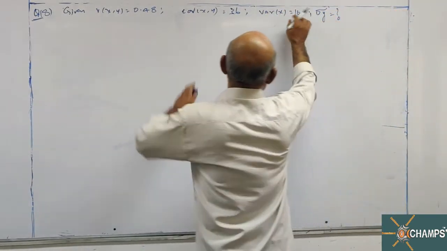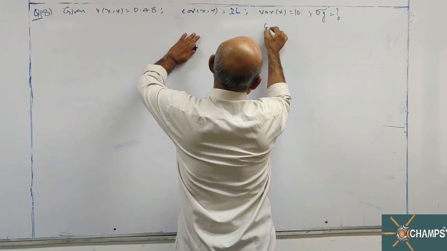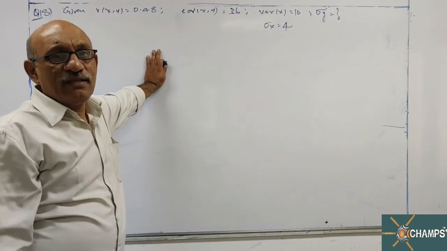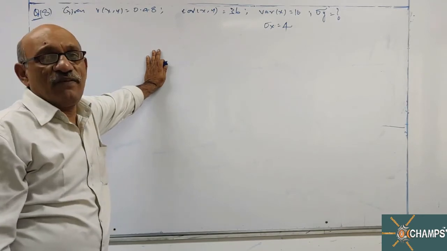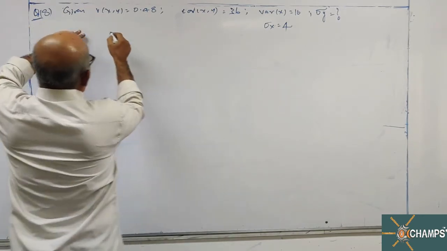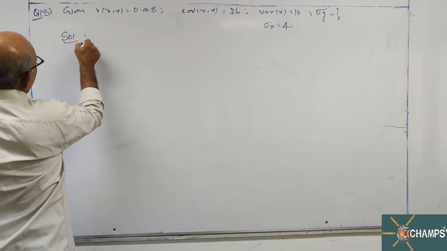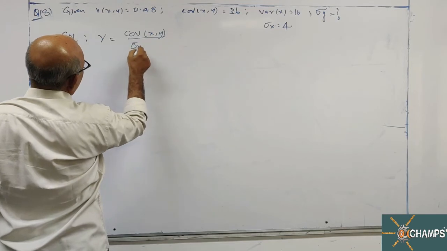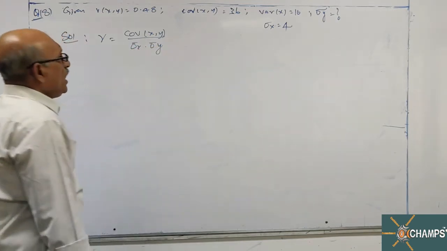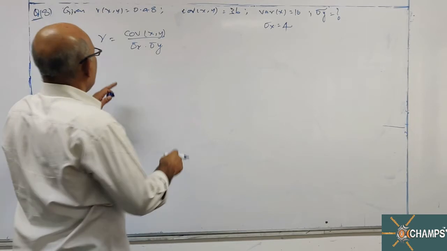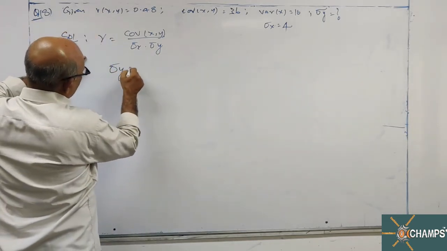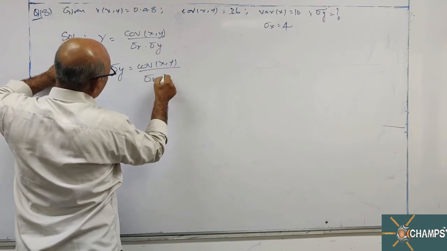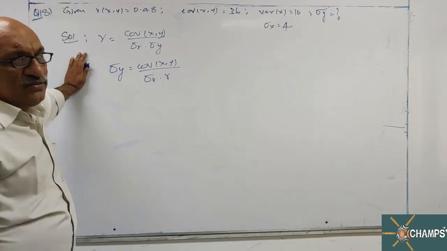Now, variance of x is given 16. So by taking the square root, standard deviation of x is 4. R is equal to covariance of x comma y divided by standard deviation of x into standard deviation of y. So standard deviation of y is equal to covariance of x comma y by standard deviation of x into r.